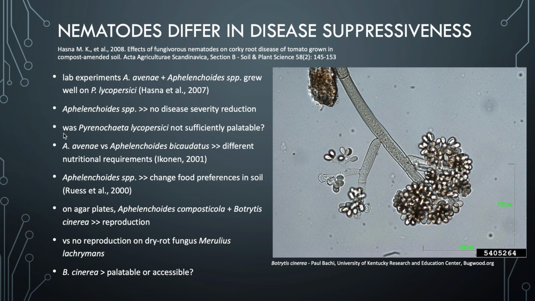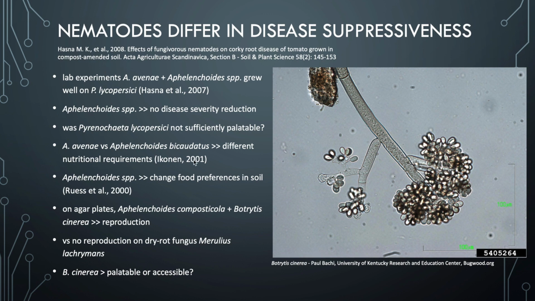So they were asking whether Pyrenochaeta lycopersici was an actual sufficiently palatable source of food for Aphelenchoides. Maybe when the organism is presented with other food sources, those that would have been in the soil or added with various composts, Aphelenchoides no longer wanted to eat Pyrenochaeta.